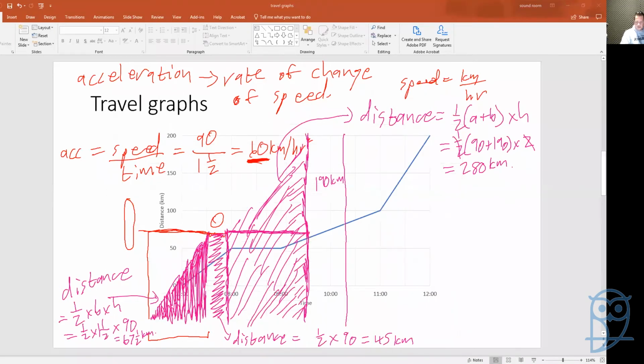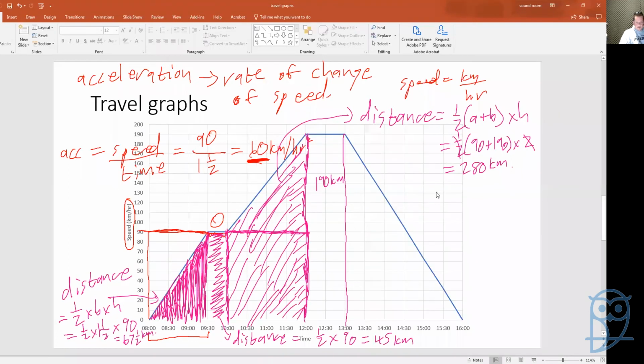So it is a half times 3 times 190. So half of 190 is 95. 95 by 3 is 285 kilometers.